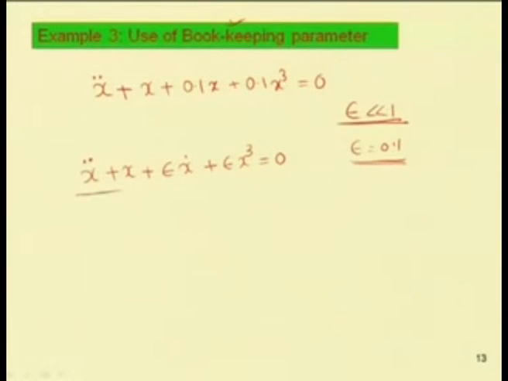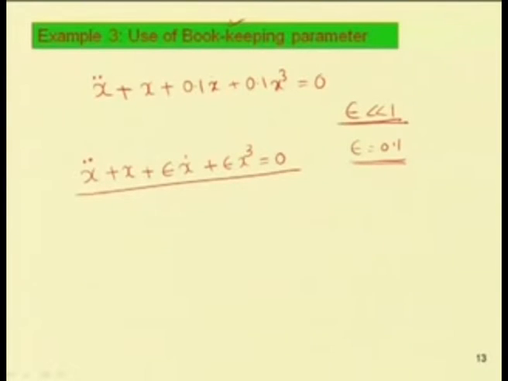By using this bookkeeping parameter epsilon, the coefficient of x cube is 1 now, and here also it is 1, which is equal to the coefficient of x. So we can make the coefficients of the nonlinear terms of the same order as that of the stiffness term. This is required when we want to find the solution of the nonlinear system by using that of the linear system.